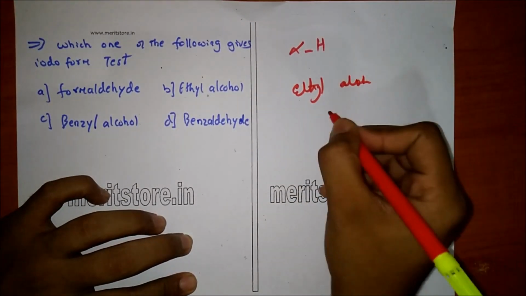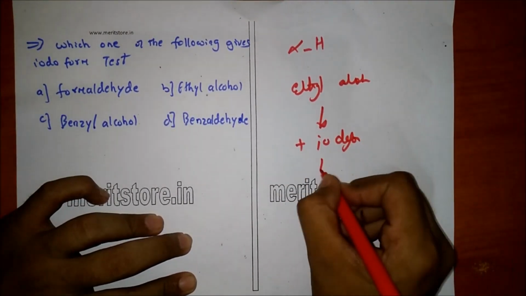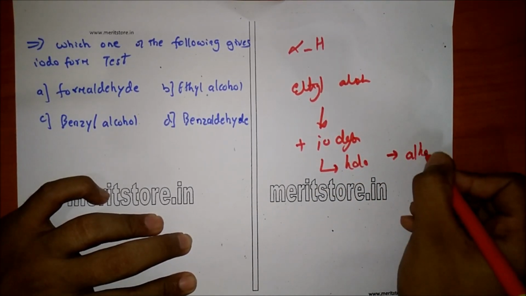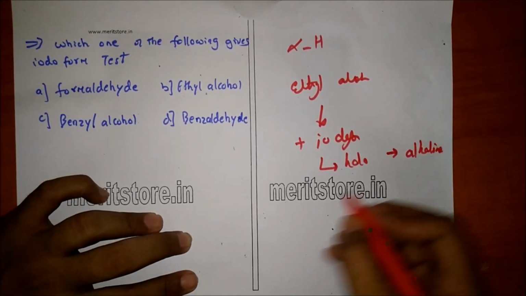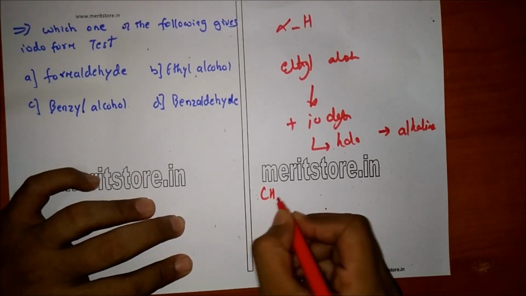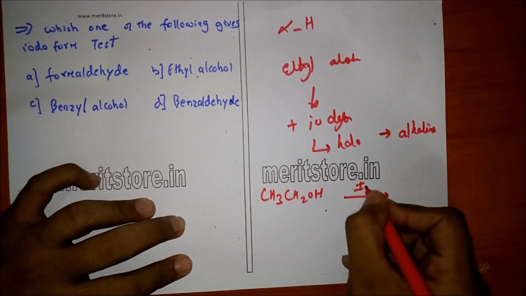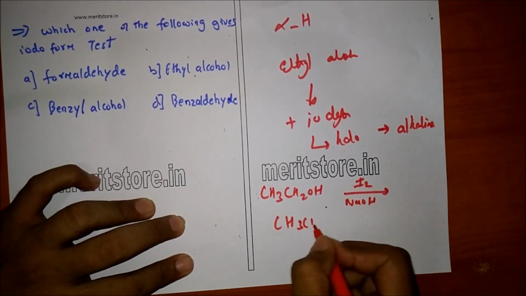and secondary alcohols also give a positive iodoform test because by the action of halogens in alkaline medium, they are oxidized to acetaldehyde and methyl ketones respectively. Here is one example: CH3CH2OH, in the presence of I2 and NaOH, undergoes oxidation and forms CH3CHO.